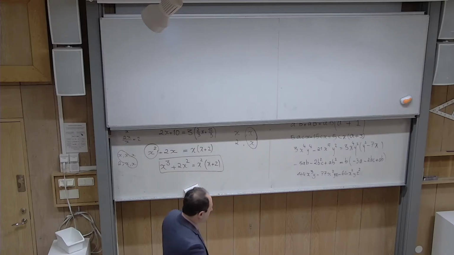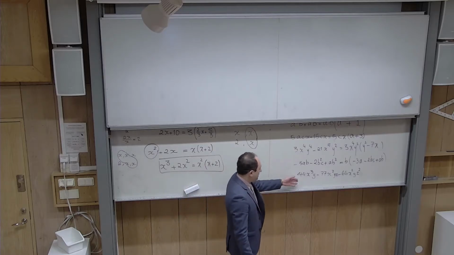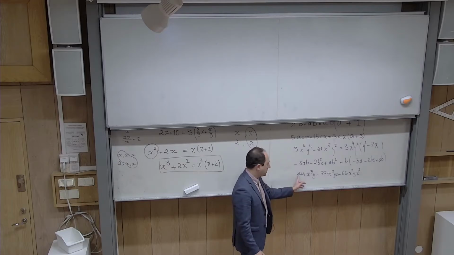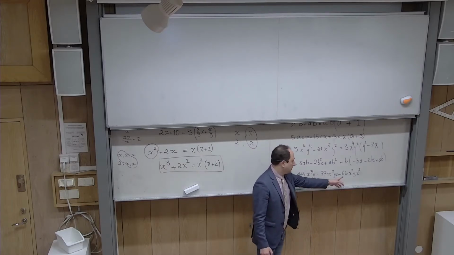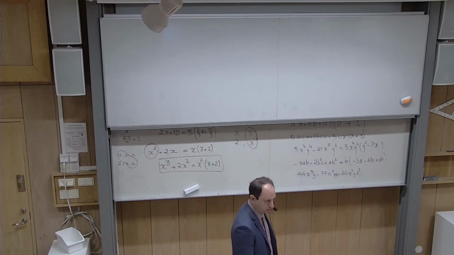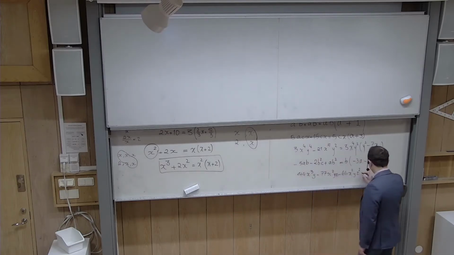So what should I write here? Yes, from these numbers, it is not hard to see that they share 11 in common. So this is 4 times 11, this is 7 times 11, and that is 6 times 11. And 11 is the highest number that you can pull out. So let me just write 11.